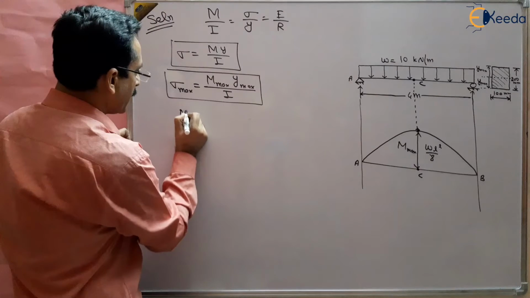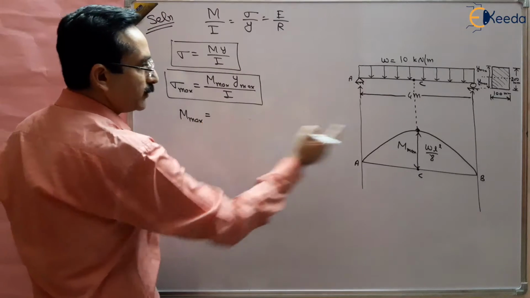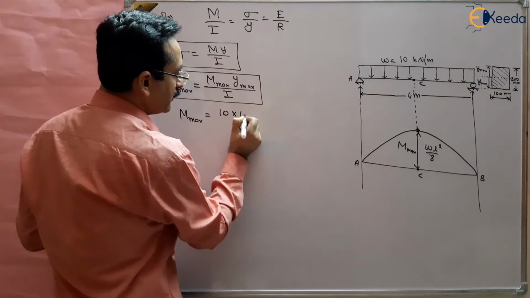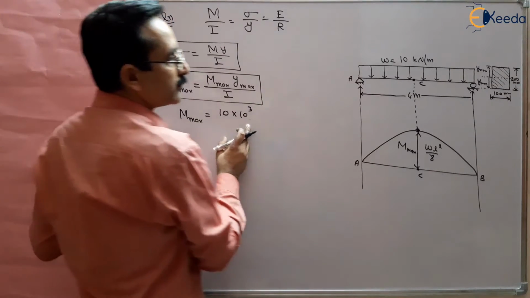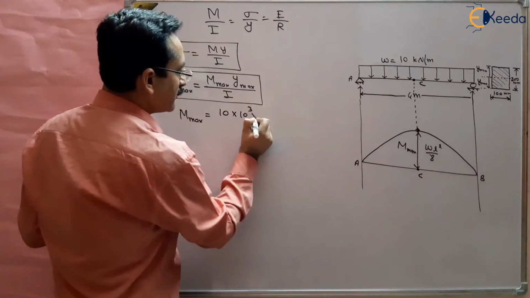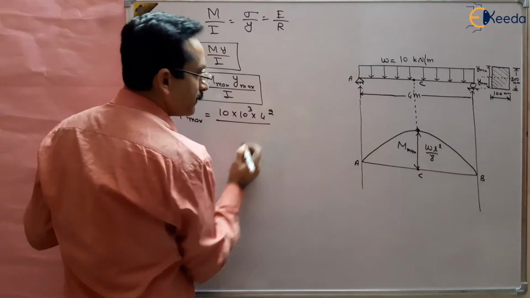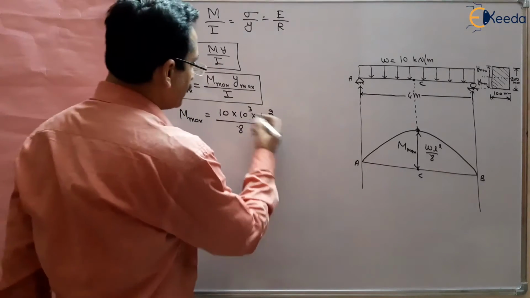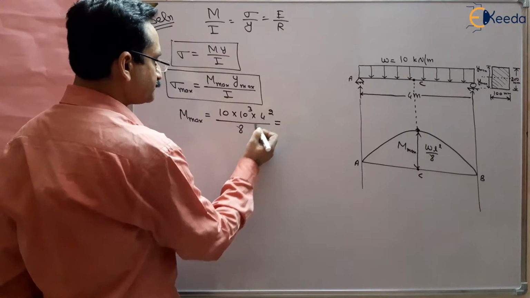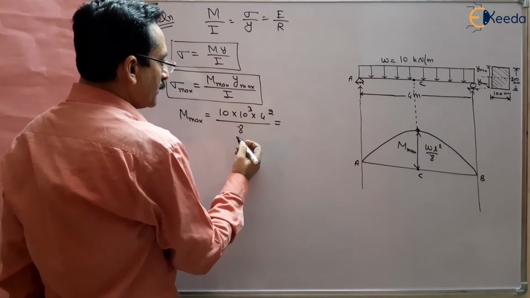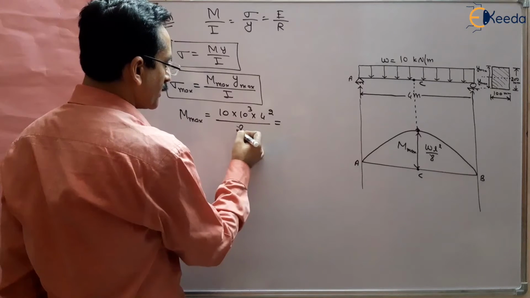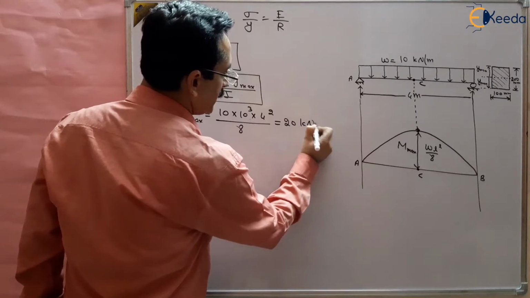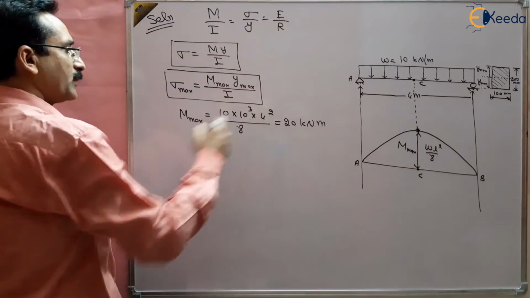So M max will be given by W, that is 10 kilonewton, for kilo we are multiplying by 10 to the power 3, and L square is 4 square, upon 8. Solve it and you will get the maximum bending moment. It will come out to be 20 kilonewton meter. So the maximum bending moment is 20 kilonewton meter.